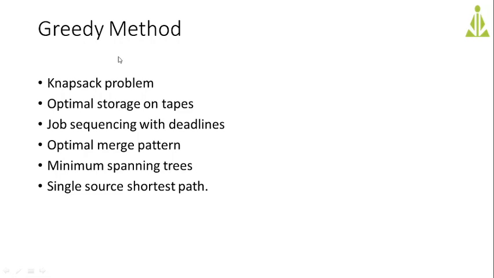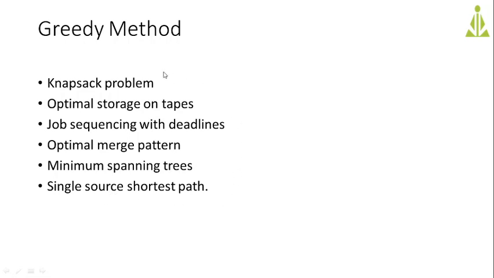Whenever the greedy method is used, every time it needs a more accurate result. Some of the problems we can solve with the help of the greedy method are the knapsack problem, optimal storage on tapes, job sequencing with deadline, optimal merge pattern, and we'll see the minimum spanning tree and single source shortest path.